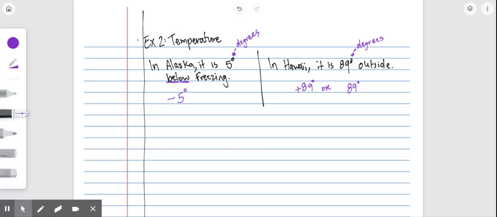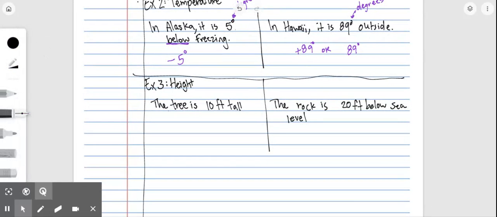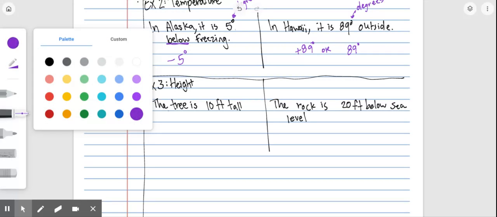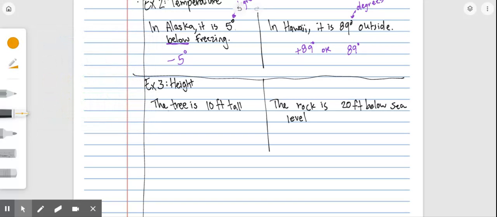This time we'll do height. Example: the tree is 10 feet tall and the rock is 20 feet below sea level. So for this one, we have to think about height. If the tree is 10 feet tall, then this is a positive 10 feet because it's above sea level, or just 10 feet.